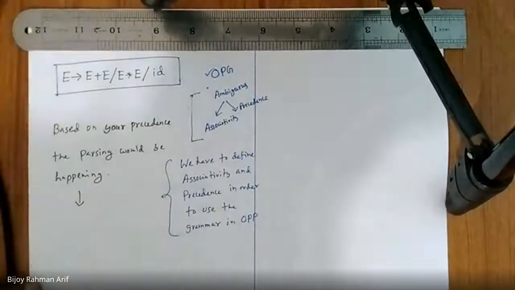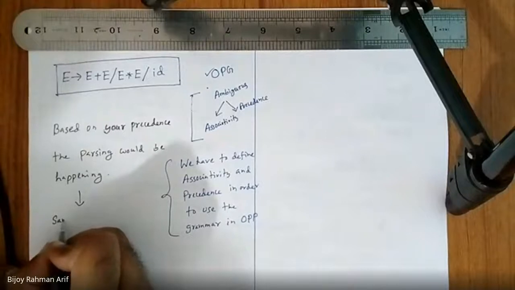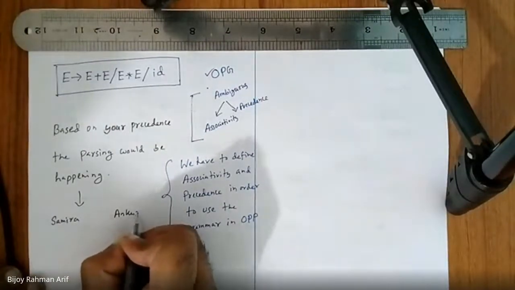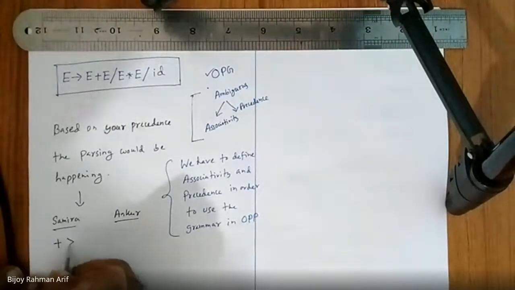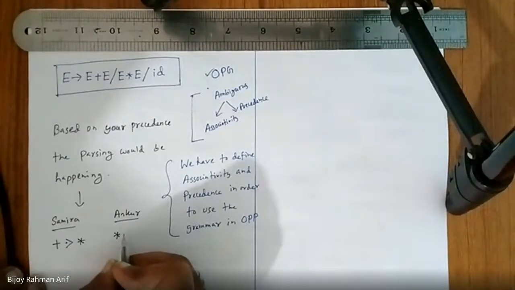So for example, let's say Samira, and another one is Ankur. Samira in her table gave plus more precedence than star, and Ankur in his table gave more precedence to star than plus.